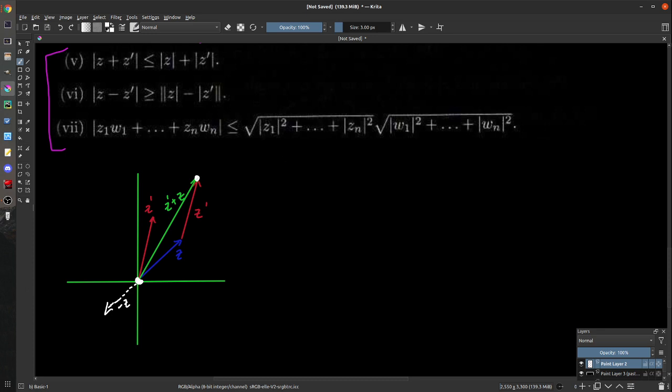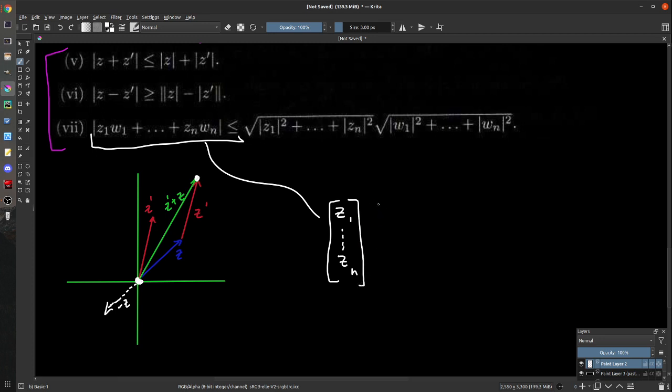Remember that the dot product is just component-wise multiplication and then summing up the results, right? So this first little piece right here, you can think about it like z1 down through zn, this vector in n copies of C, dot product w1 through wn, yeah?